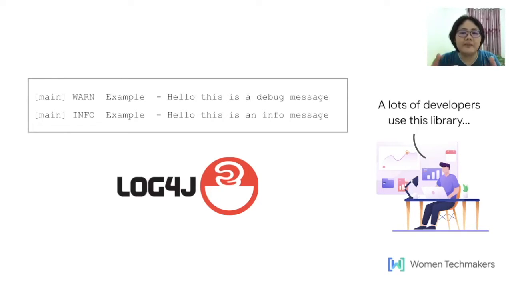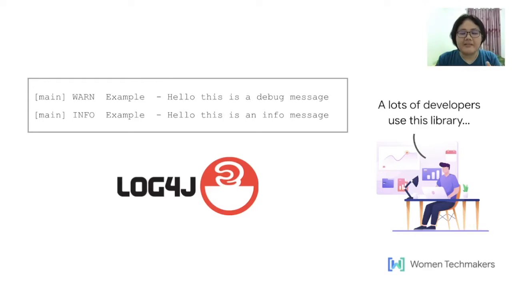But if you haven't known, at the end of 2021, there is a vulnerability that was discovered in log4j, and it caused a lot of headache for developers and companies because this vulnerability can cause very serious damage.